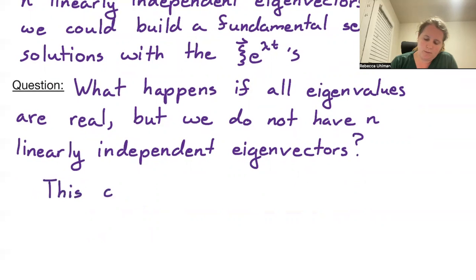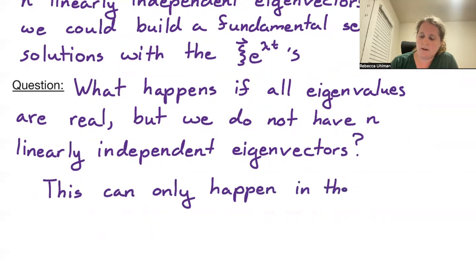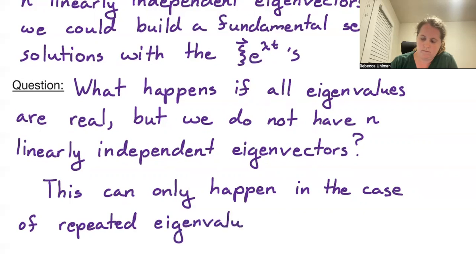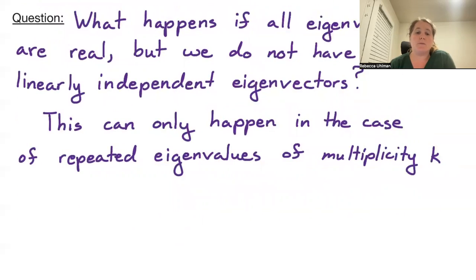So this can only happen in the case of repeated eigenvalues of multiplicity k, where the corresponding eigenspace has dimension less than k.